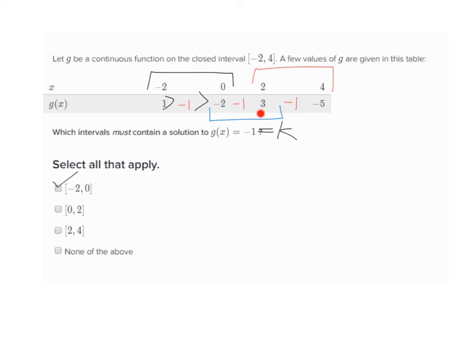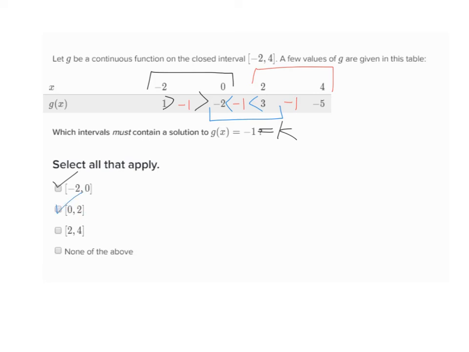Well, yeah, we know for certain that -1 is between -2 and 3, right? -1 is greater than -2 and less than 3. So that means there must be some x value between 0 and 2 that we would plug into the function g of x and get -1. So that means that there is some solution in between 0 and 2 as well.